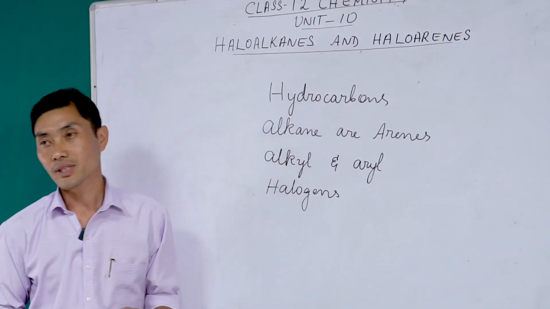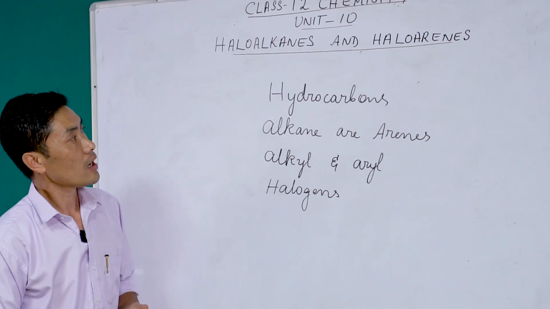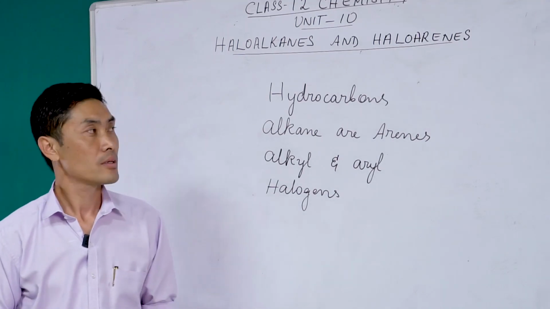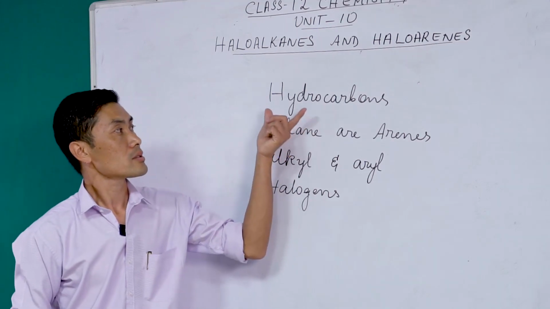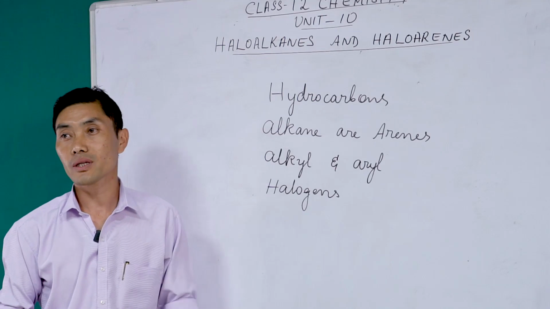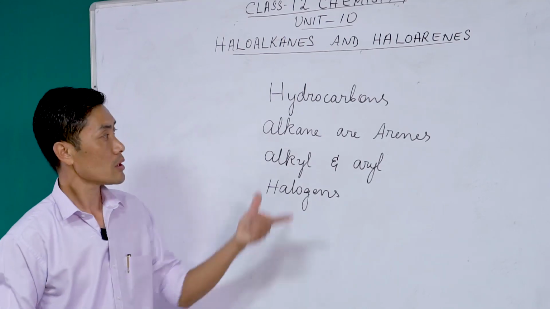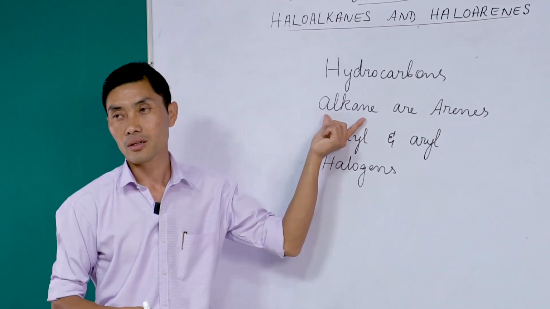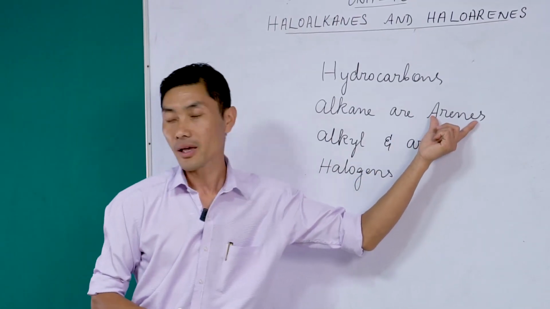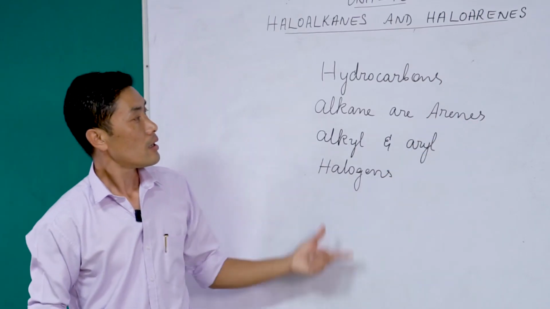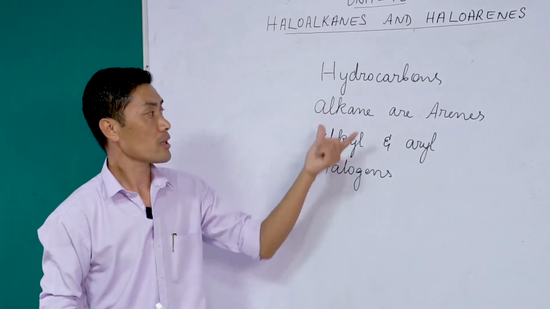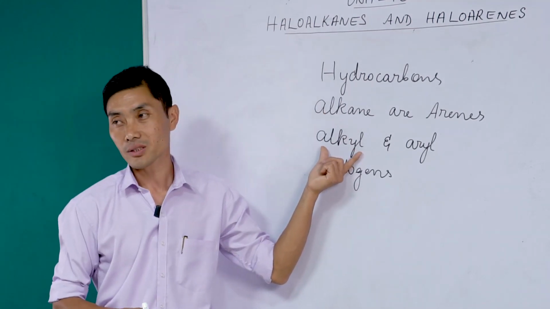Hydrocarbons, as we have studied in class 11, are the compounds containing carbon and hydrogen only. And saturated hydrocarbons, the hydrocarbons which contain only single bonds between the carbon atoms, are called alkanes. The aromatic hydrocarbons are called arenes. If we remove one hydrogen each from alkanes, we get alkyls.